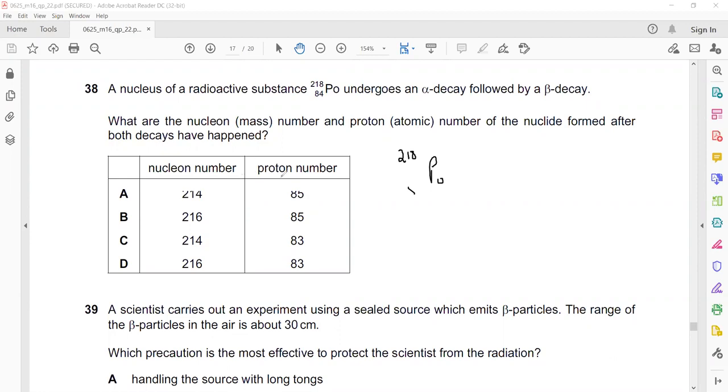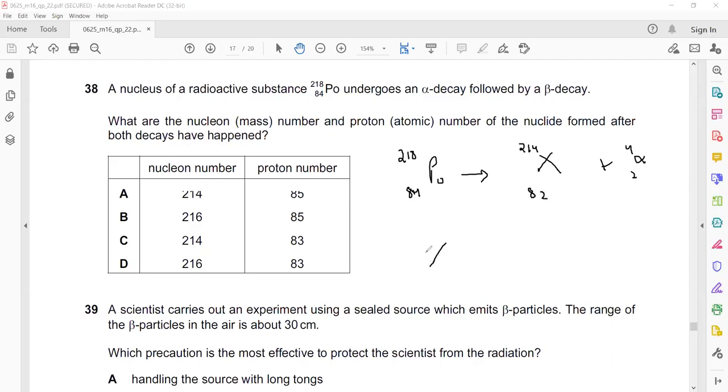So what happened in alpha decay? It will turn into another element. The atomic mass will decrease by 4, so it will become 214. Atomic mass decreased by 4 and atomic number decreased by 2.